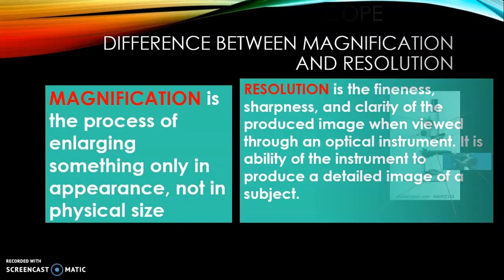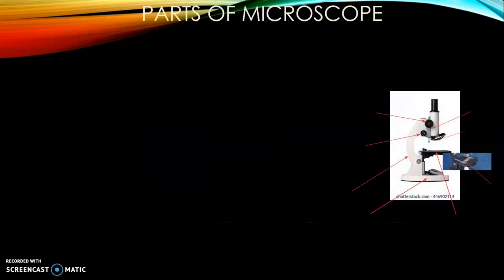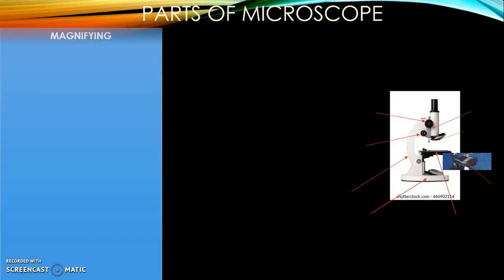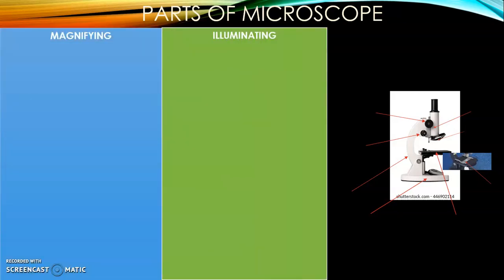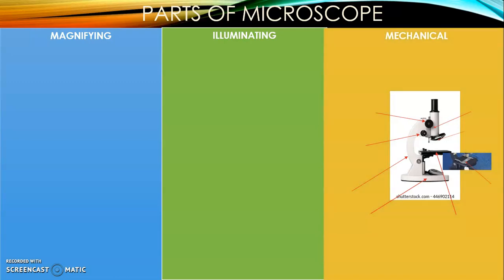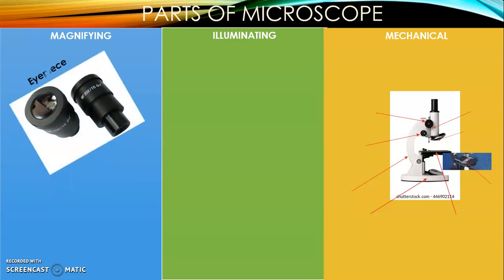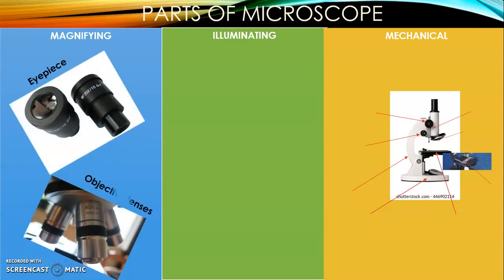Moving on with the parts of the microscope. The parts of a microscope can be divided into 3 parts: the magnifying, the illuminating, and the mechanical. The magnifying part of a microscope includes the eyepiece and objective lenses.